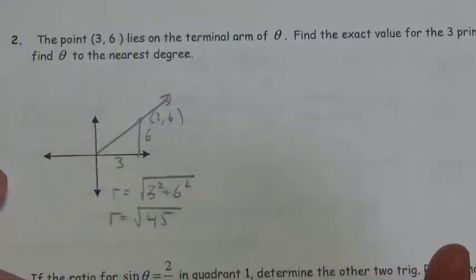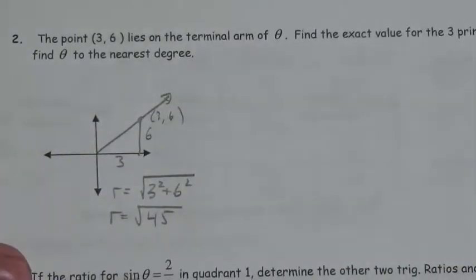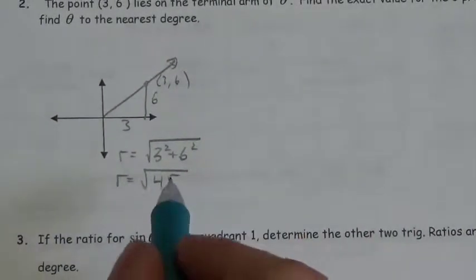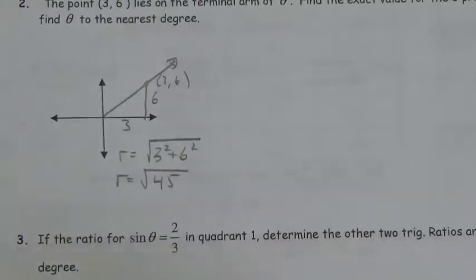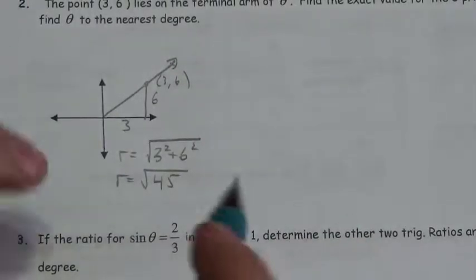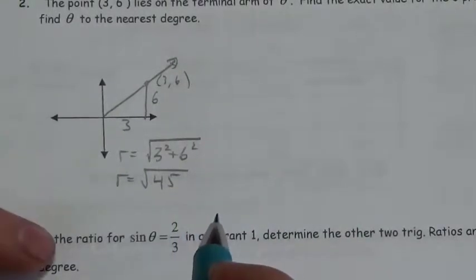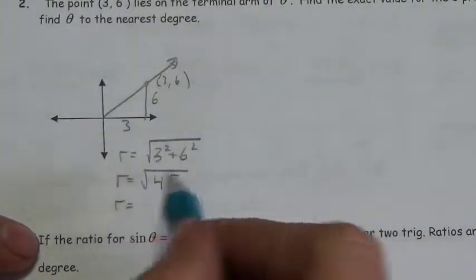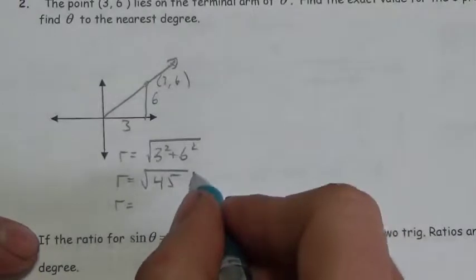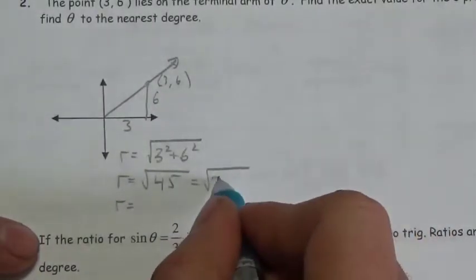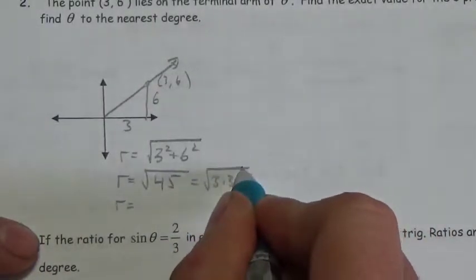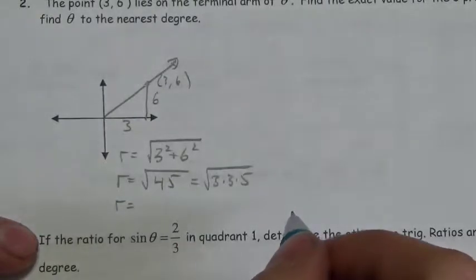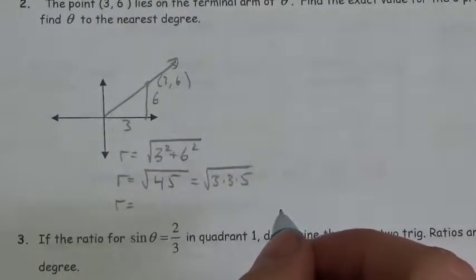Now here is where this differs slightly from the last question, because in the last question we could take the square root and we got an answer that was beautiful, 17. Square root of 45 isn't going to work like that. And the expectation is at this point that you will simplify that. Now think about that. 45 is going to be 3 times 3 times 5 if you break that into its prime factors. And I think it's always easier to utilize this tool.